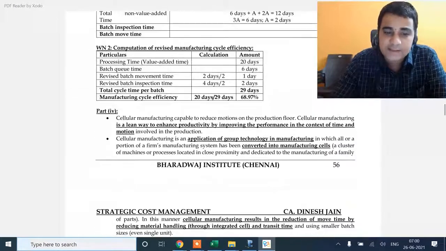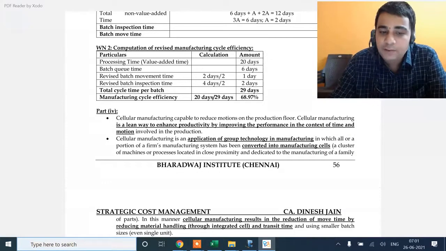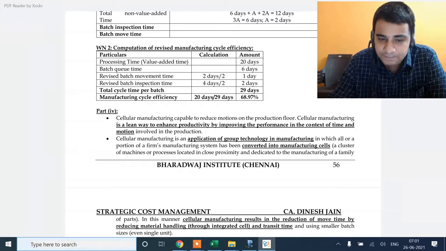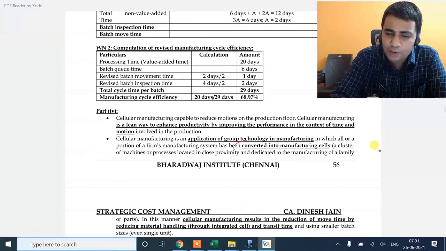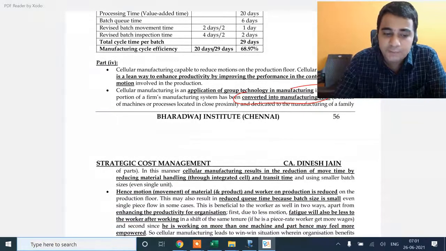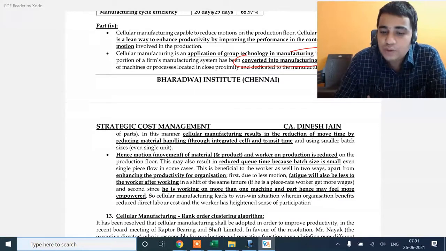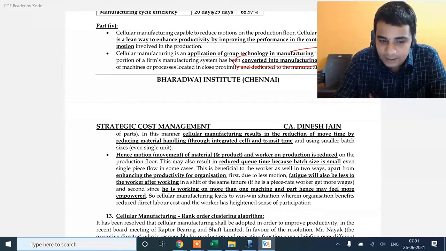Cellular manufacturing is capable of reducing movement on the production floor, and is a lean way of enhancing productivity. This is basically what you do: you convert into manufacturing cells. Reduction of movement time by reducing material handling and transit time. Hence, once the movement of material is reduced, you will also see worker movement is reduced.